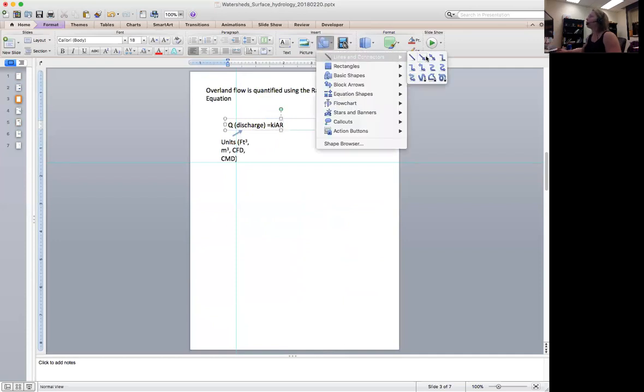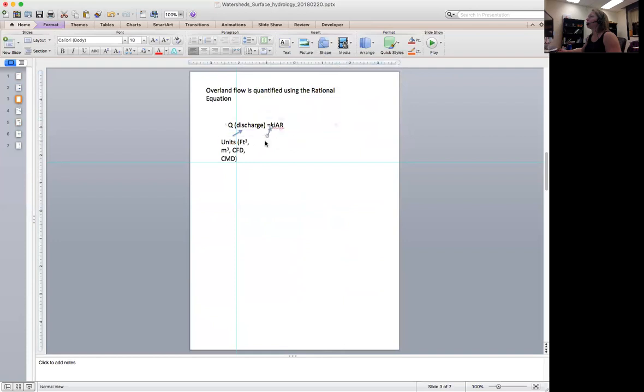All right, so this is our runoff coefficient.